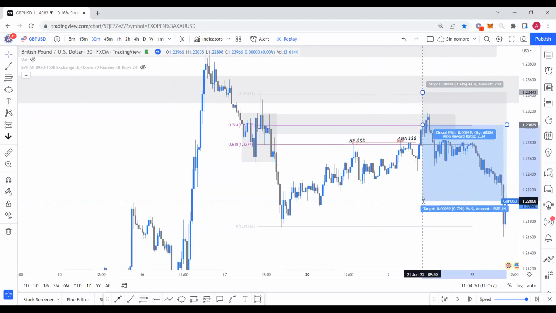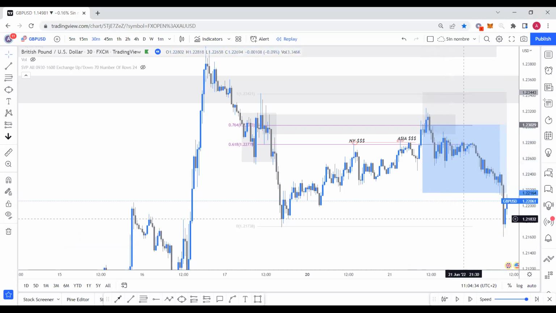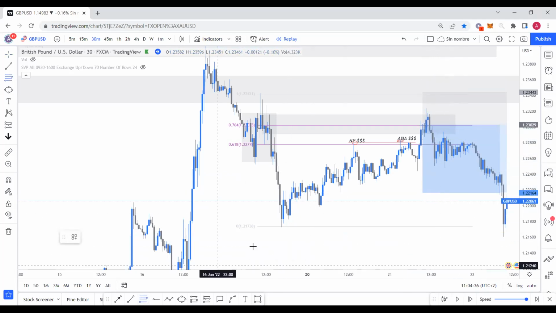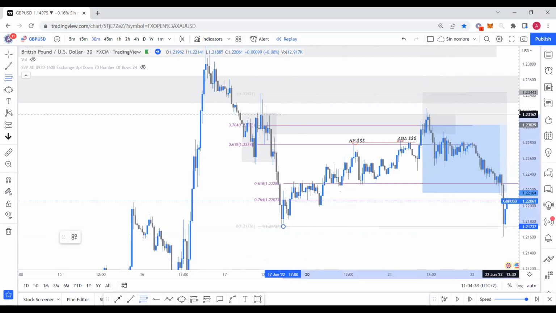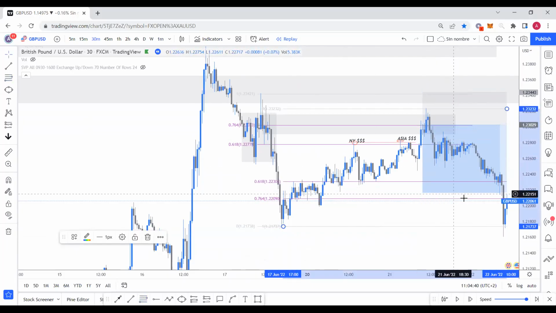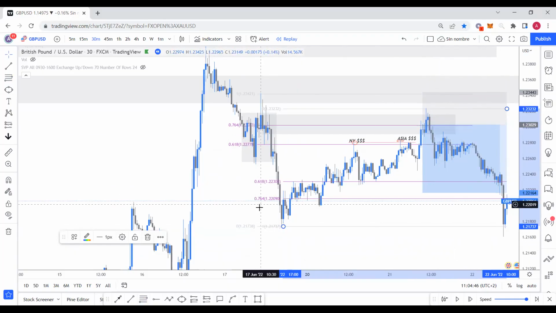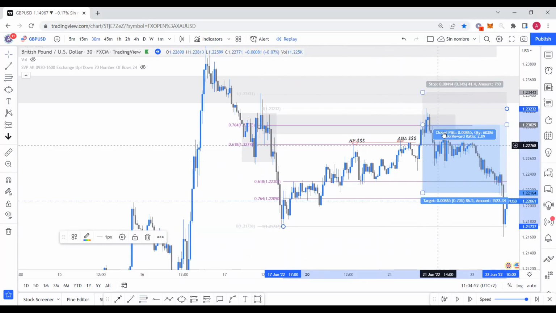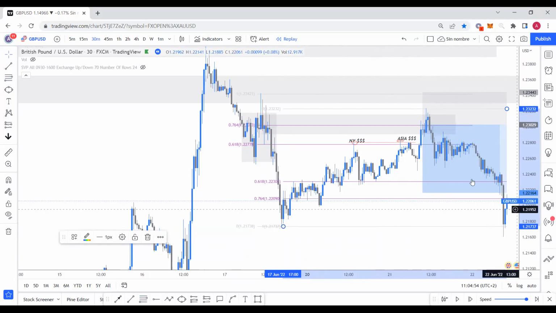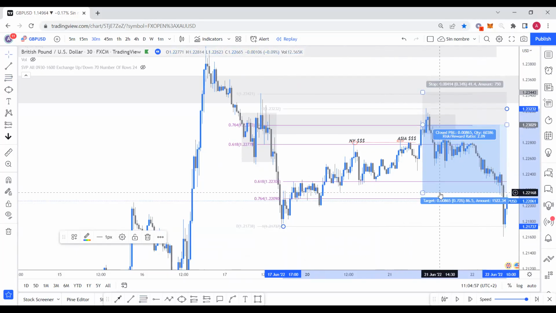This is the main take profit for me, because usually this point right here matches with the point 76 to the upside. Sometimes price will react to the point 76 and then go to the upside. So this is always my main take profit. Well, all of them are main take profits, but usually here is where I would close most of my position.